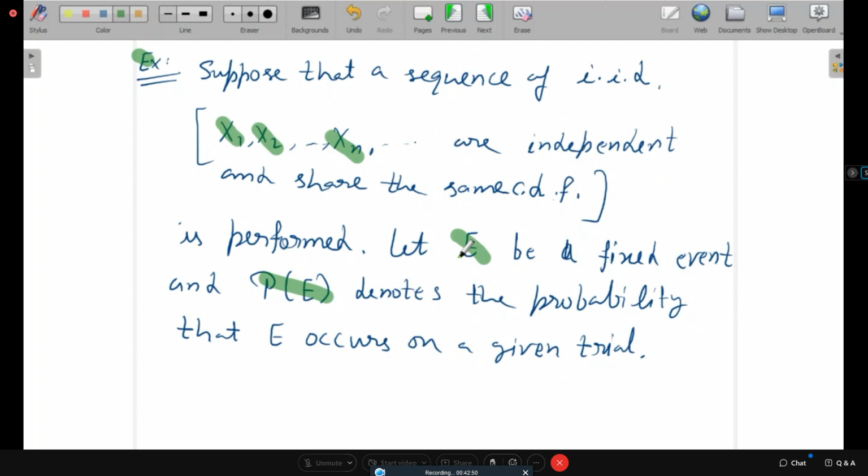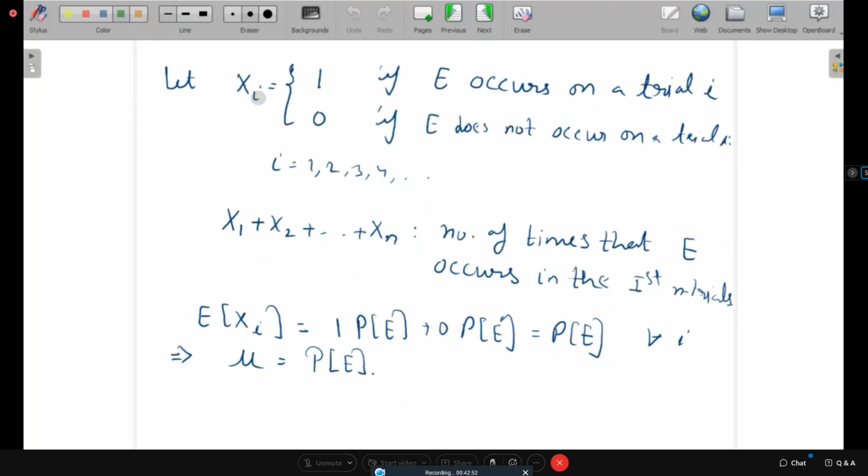So Xi denotes the indicator random variable, which assumes the value 1 if E occurs on a trial i, or 0 if E does not occur on a trial i. You can look at it like tossing a coin, whether you got a head or not.